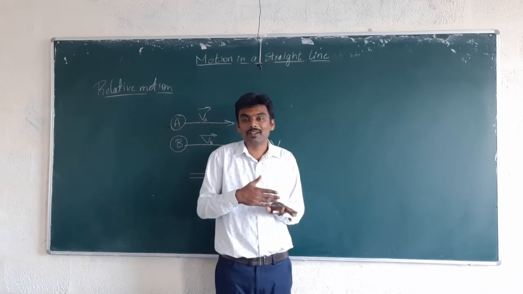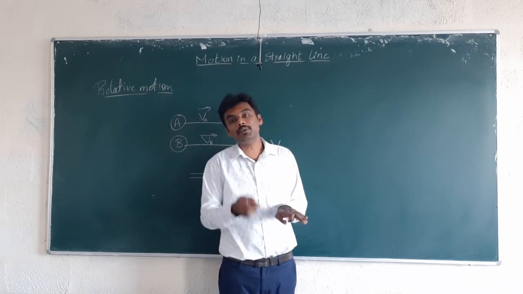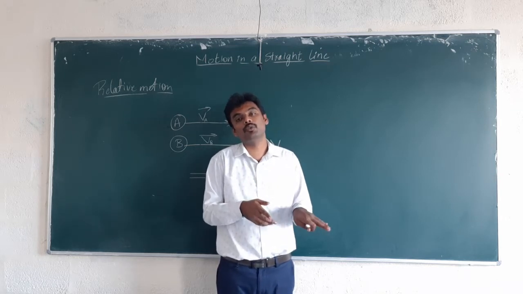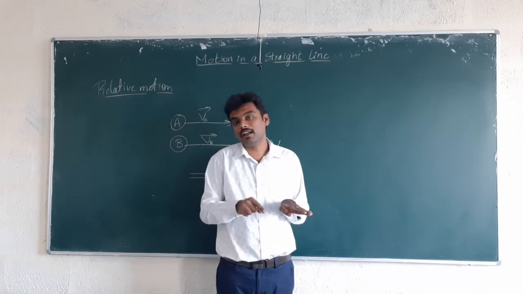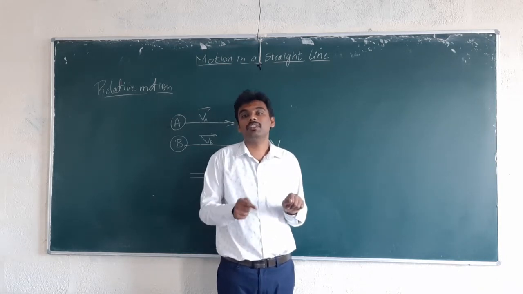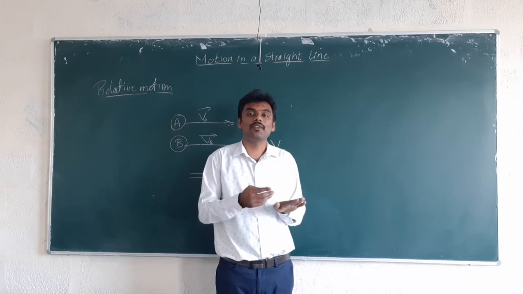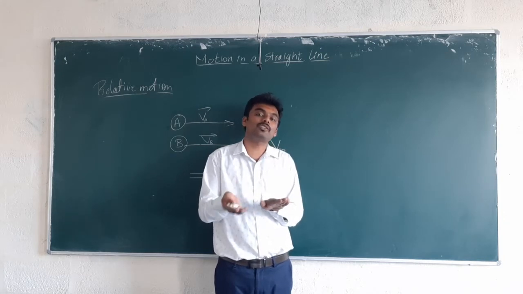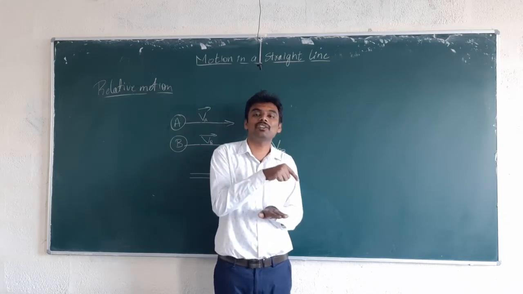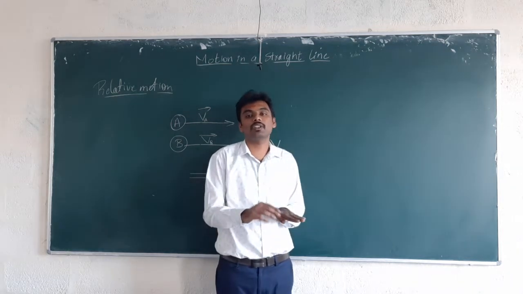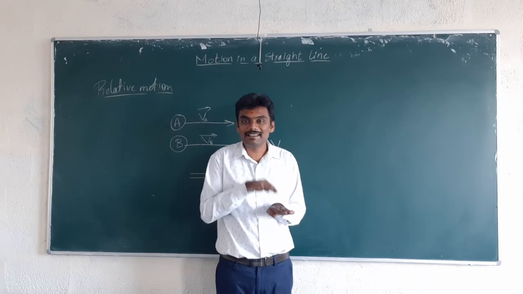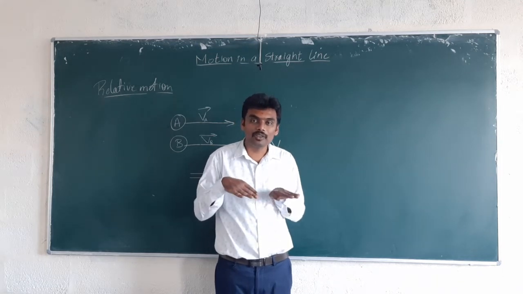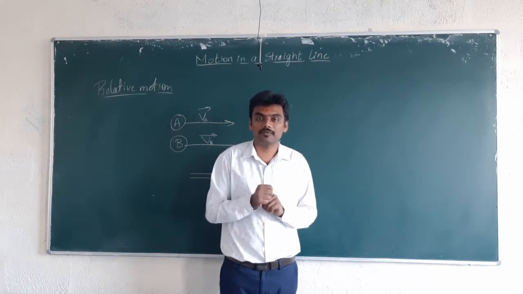Because the car moves relative to me, and I am also moving. So according to me, this car is actually moving with less speed when I compare to the observation of the person who is standing on the road and observing the motion of the car overtaking. So the speed is less when both the cars are moving in the same direction.